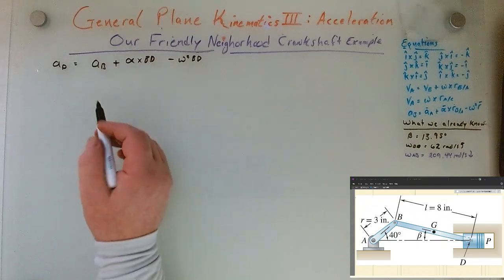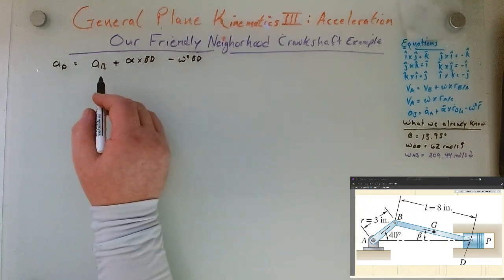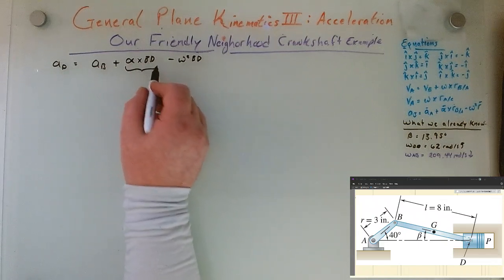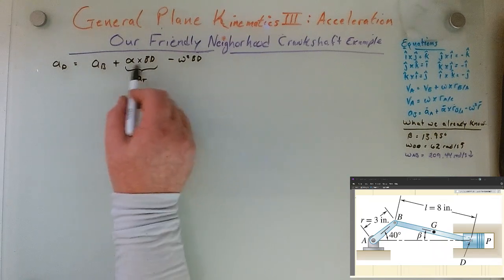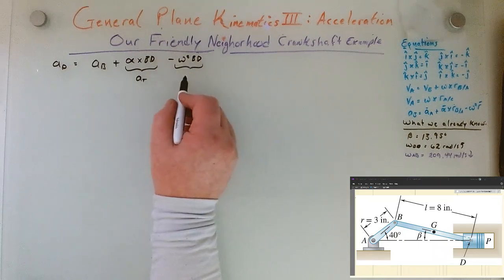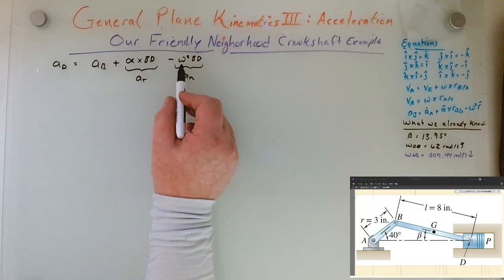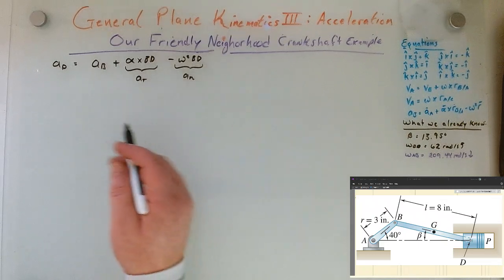Backing up, I did say I wanted to show where this comes from. This, again, is A sub t, the cross product, and then this is A sub n, and we remember this from v squared over rho.